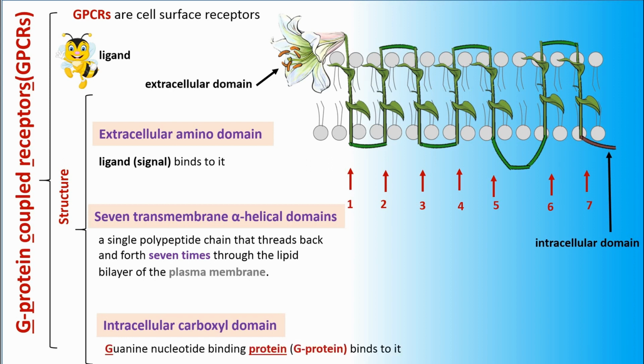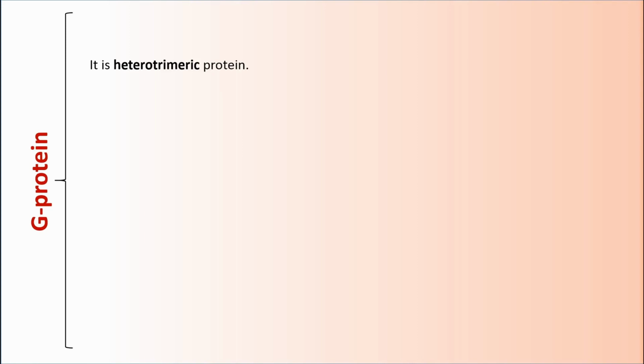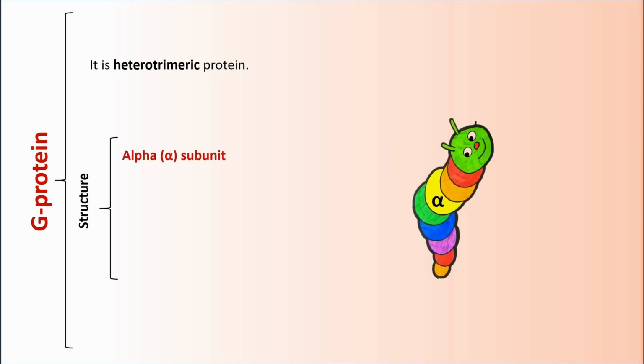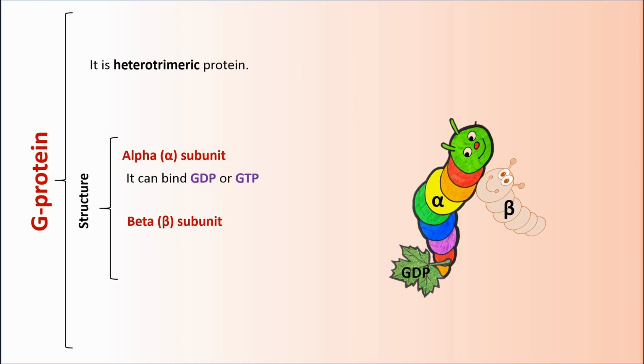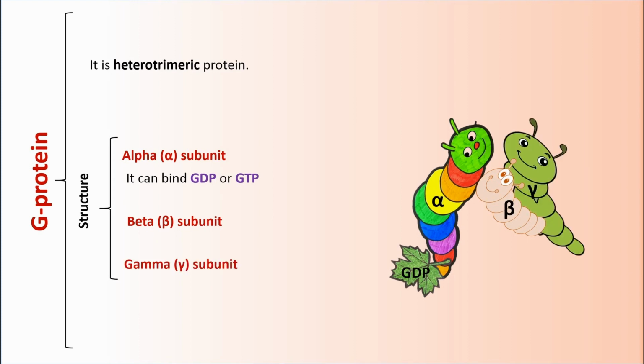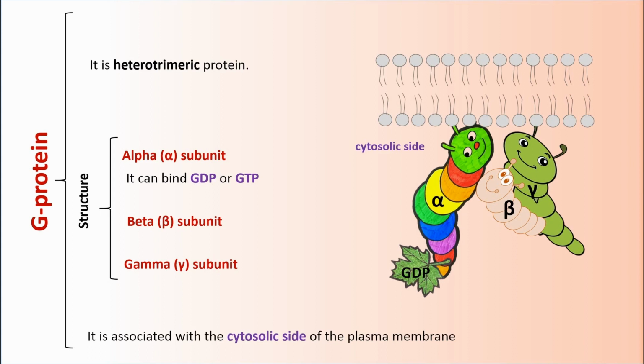Guanine nucleotide binding protein, or G protein, binds to it. G protein is a heterotrimeric protein. Its structure contains 3 subunits. Alpha subunit, which can bind GDP or GTP, beta subunit, and gamma subunit.